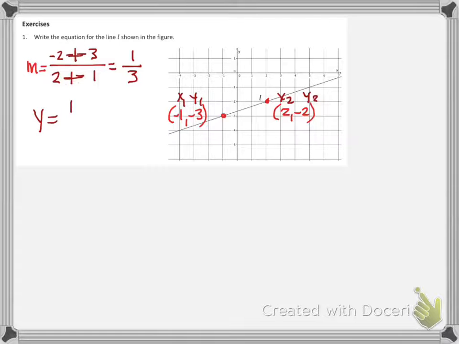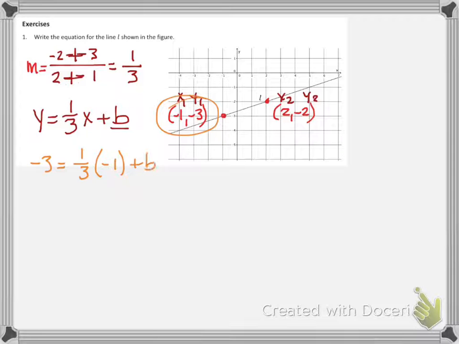Y equals 1/3 times x plus b. I just need this b. So I'm going to plug in some values for x and y so that I can calculate the y-intercept. I'm going to use that point. Y is -3. -3 is equal to 1/3 times x, which is -1, plus b. And -1 times 1/3 is -1/3, so -3 is equal to -1/3 plus b.